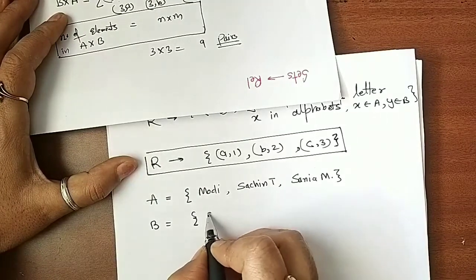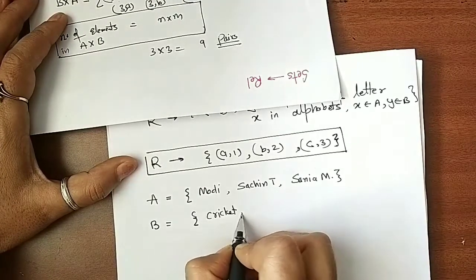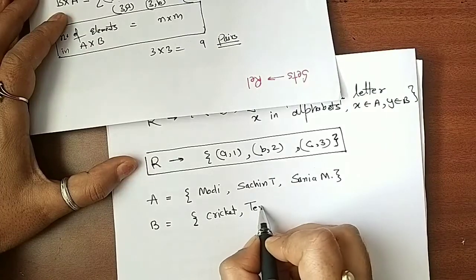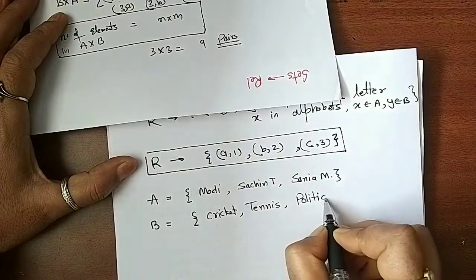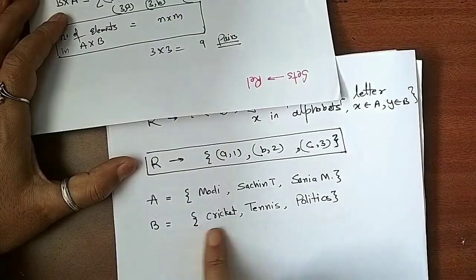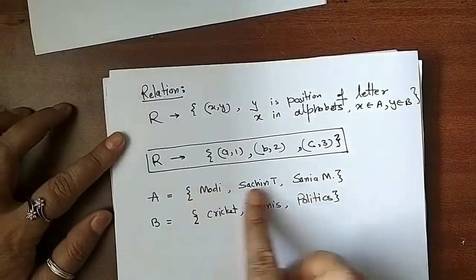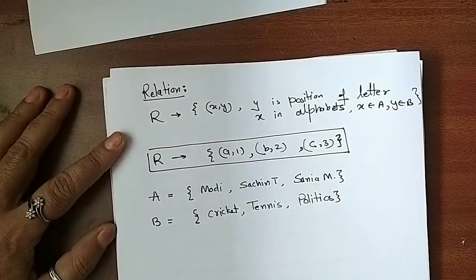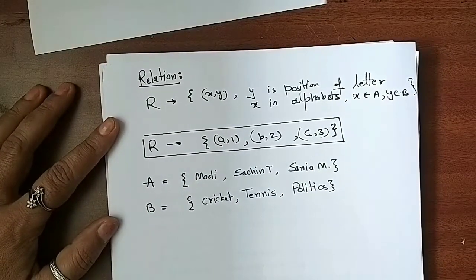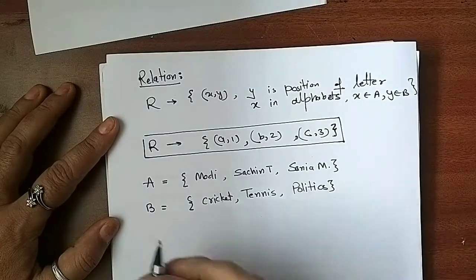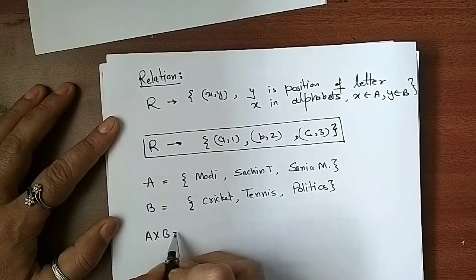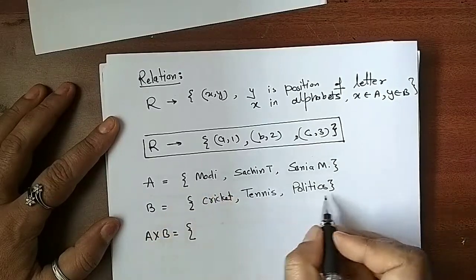For example, cricket, tennis and politics. So you have made a set B of 3 activities and I have made a set of 3 people. So what are all the possible Cartesian products? It may be Modi with cricket, Modi with tennis, Modi with politics. If I take A cross B, it will have all possible ordered pairs.